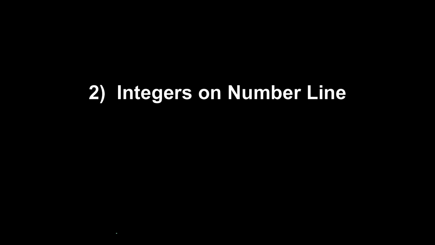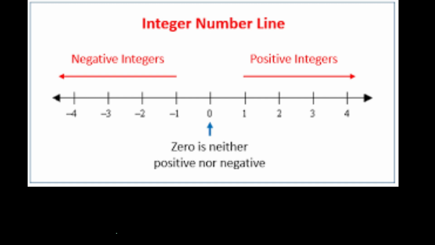Any number which has a fraction or a decimal value is not considered an integer. So please note down, my dear students, that a number having a decimal value or a fraction part, like 1 upon 2 or 4 upon 5 or 10 upon 20, is not included in integers.